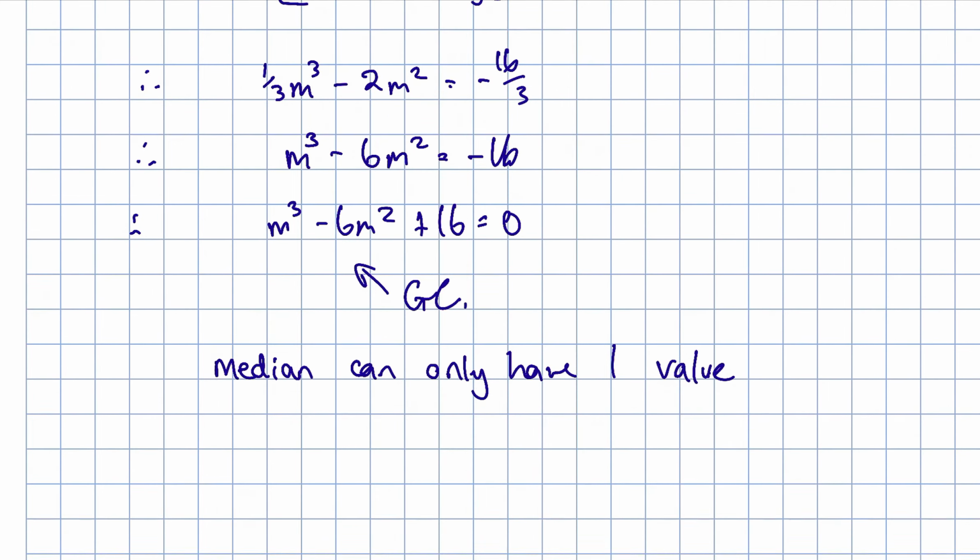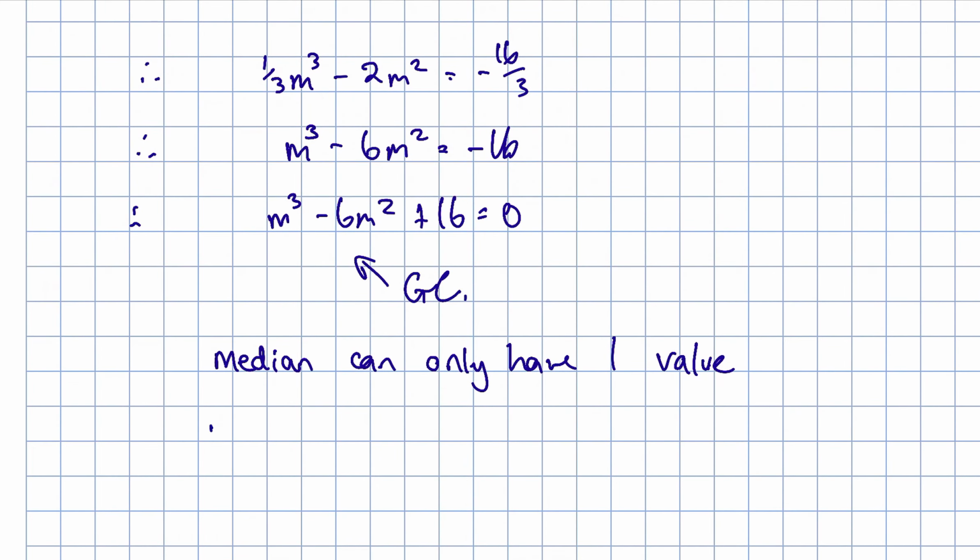And obviously it must be within the domain. This is actually going to give you three values. Two of those values, however, are outside of that domain from 0 to 4.